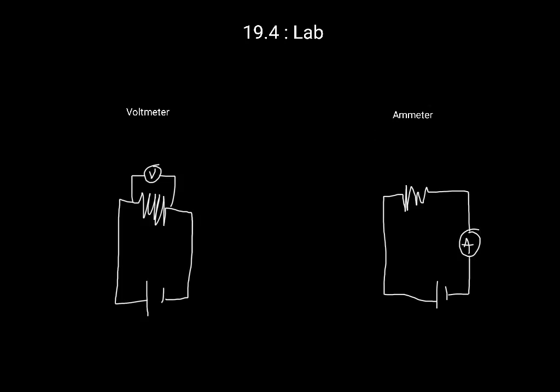The amount of current is measured in amps, and we use an ammeter to figure out what exactly that value is. So on the left, we can figure out the voltage drop across our resistor, and on the right, we can figure out the current that is leaving our resistor and going back into the battery.